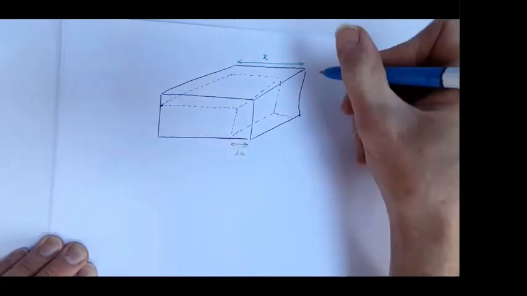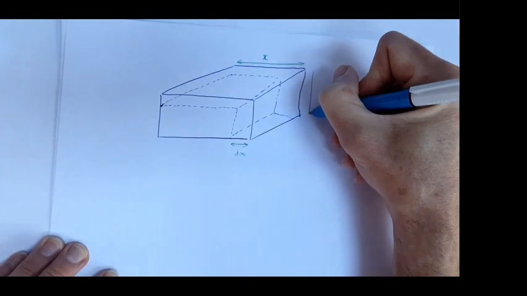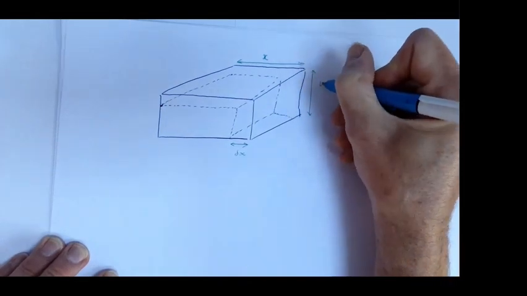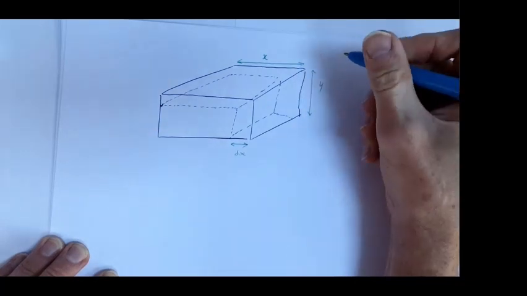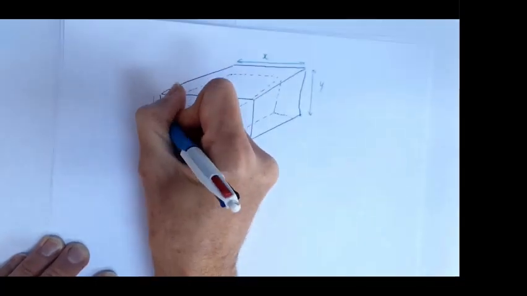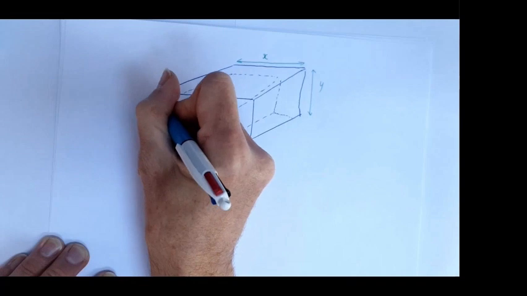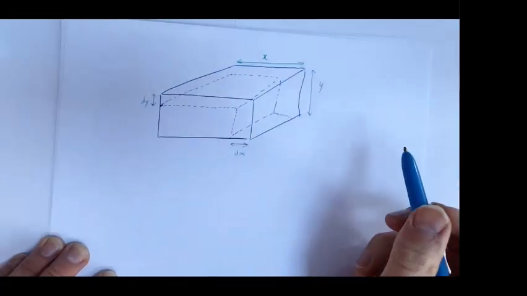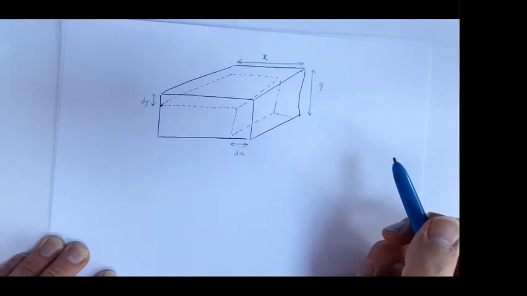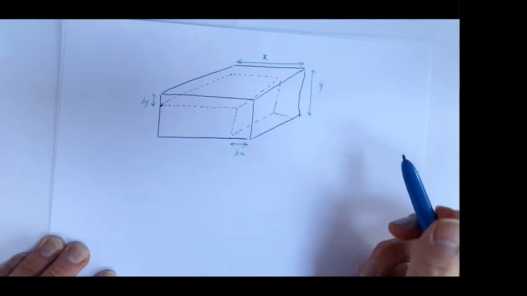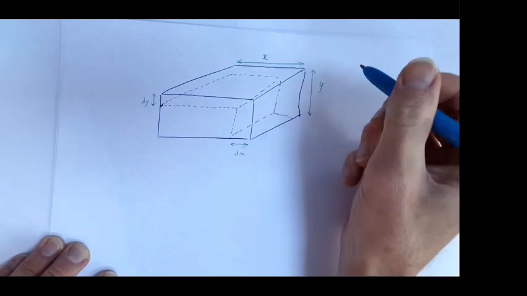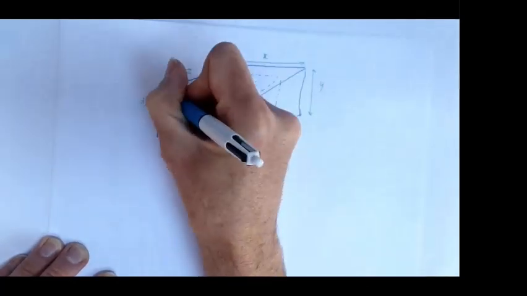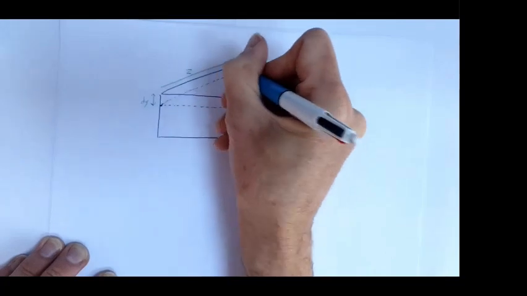Let's say Y is in the vertical direction. So originally it was of length Y. And due to the fact that we've pressurized it, it's got smaller by this dimension here, which is called delta Y. And Z, if we say Z is into and out of the page, originally this thing was Z meters in that direction.